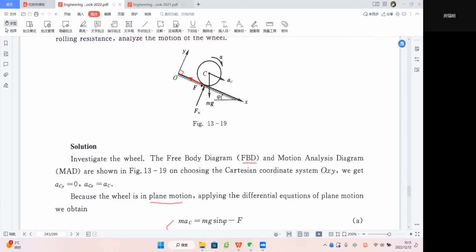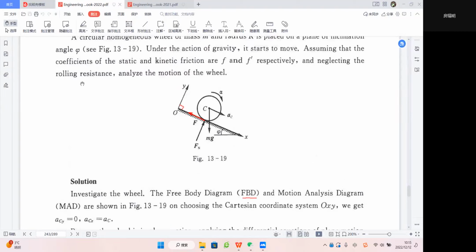So we can see this wheel has a support force Fn and its gravity mg, and another force is the friction force F. Maybe this force F is static, maybe it's kinetic, because we should discuss that. So here we have two coefficients, one is static friction, another is kinetic friction, right?